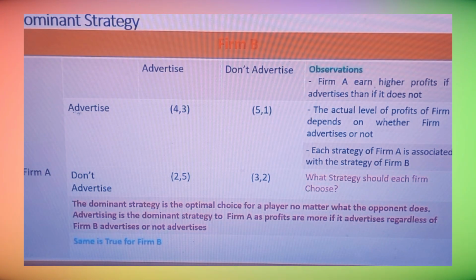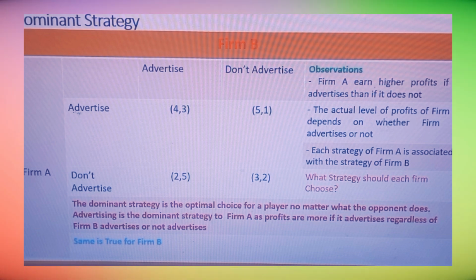In this particular example, in this matrix, we have taken two firms, firm A and firm B. The strategies are to advertise or not to advertise. Firm A has a strategy. If it advertises, it will get the benefit 4.